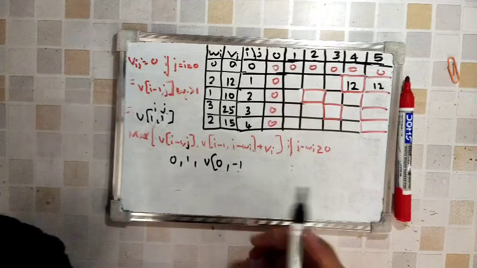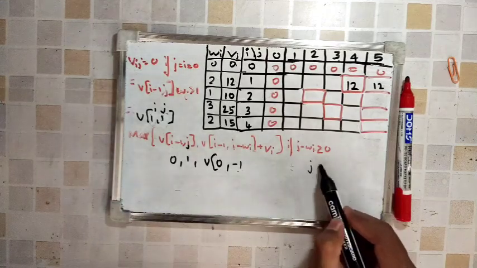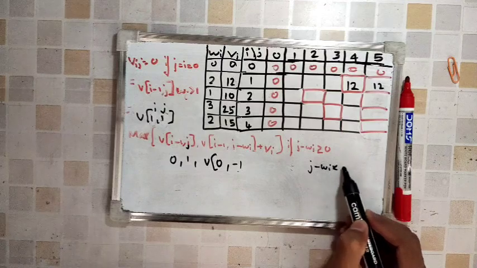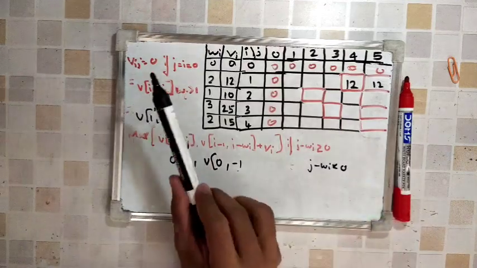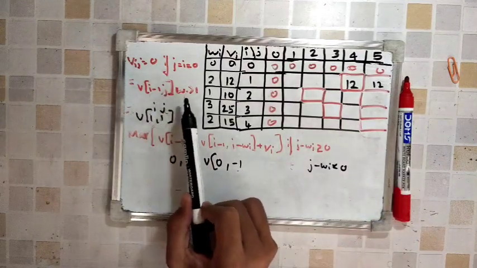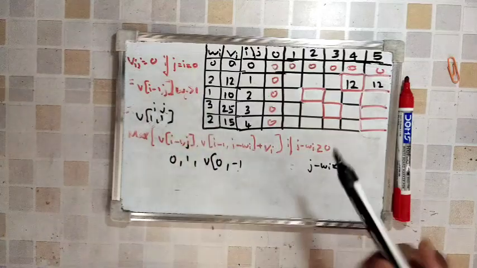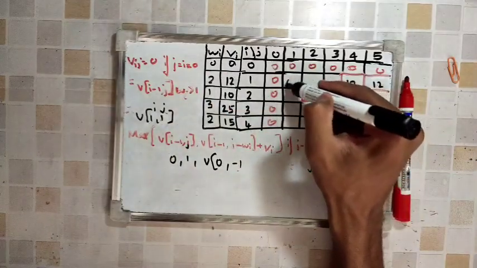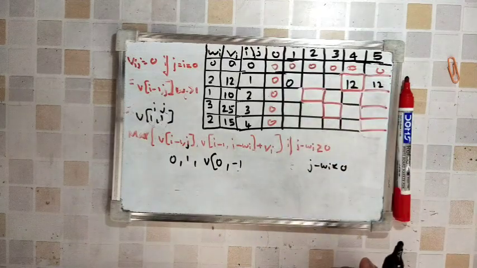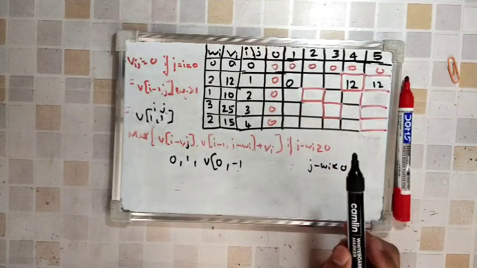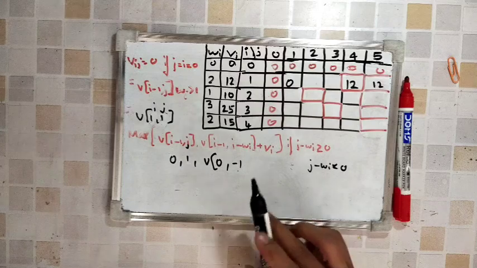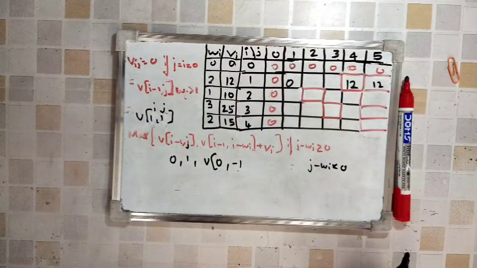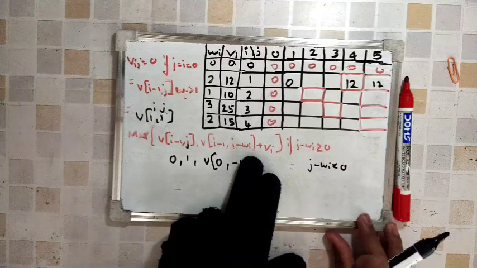So since j minus wi is less than 0, we know that wi is greater than j, so it will by default become 0 here. You are understanding, right? Since it is minus 1, it will go beyond the table, so it is 0 obviously.